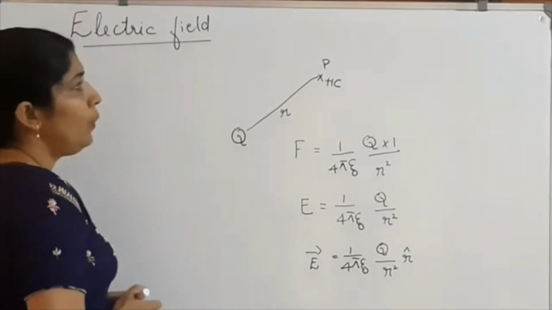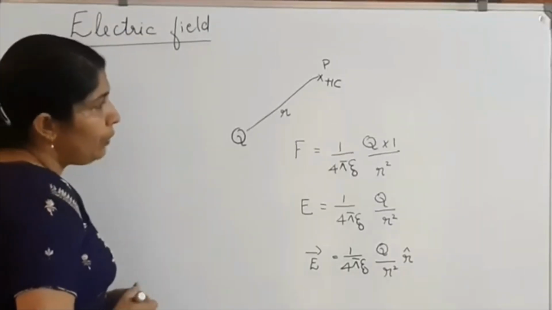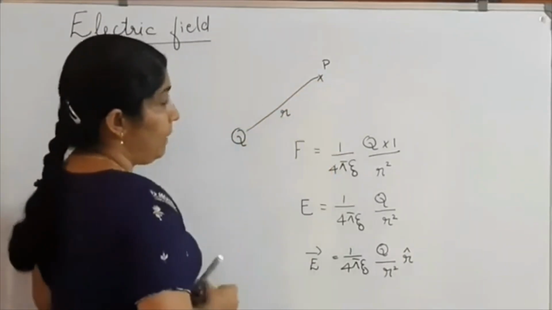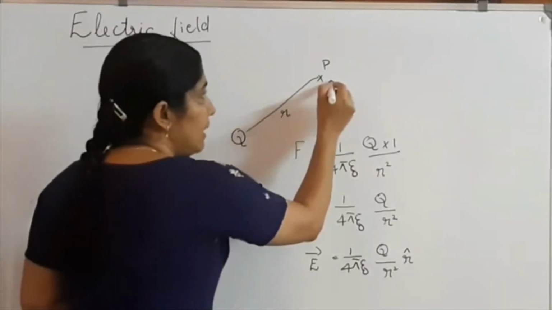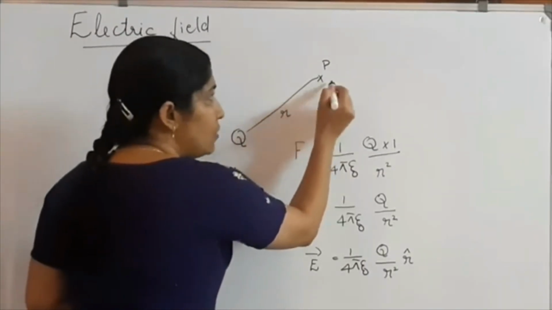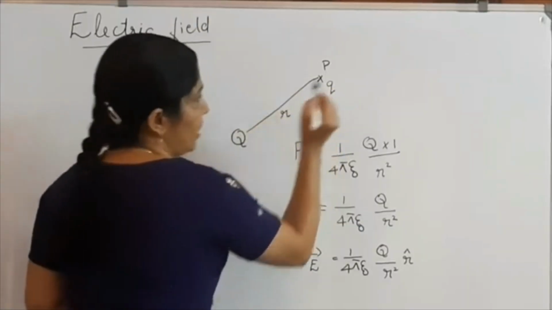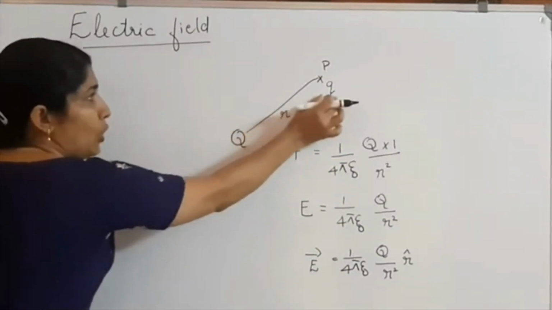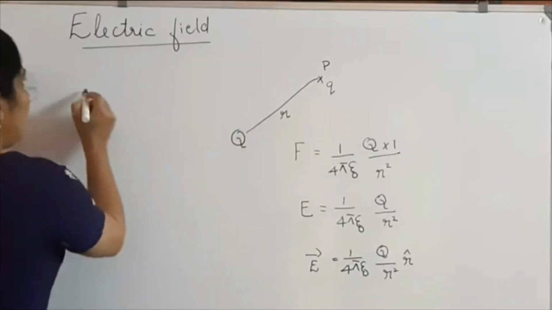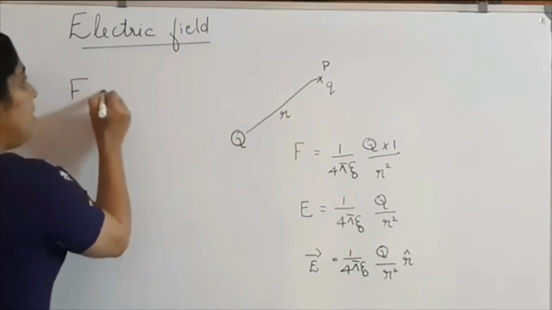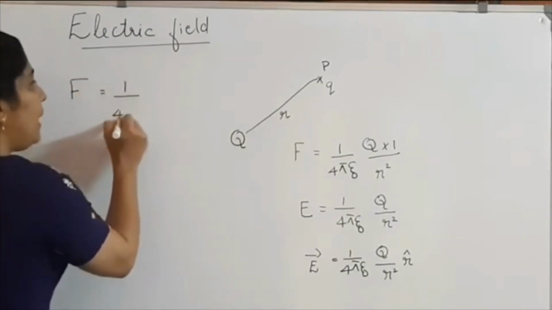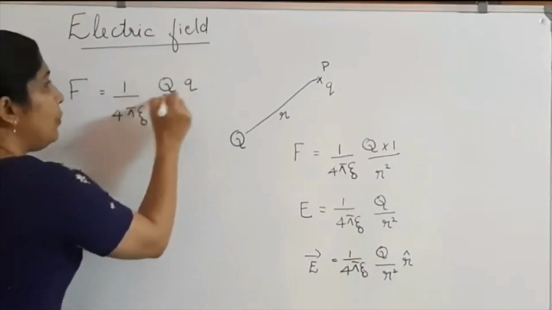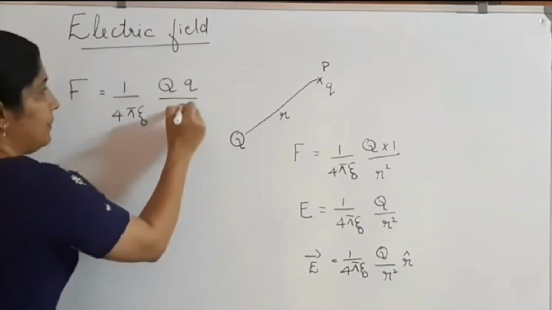Now, on replacing the plus 1 coulomb charge by a small q charge, the force exerted by this small q charge by the capital Q charge is given by F is equal to 1 by 4 pi epsilon 0 into small q into capital Q divided by R square.